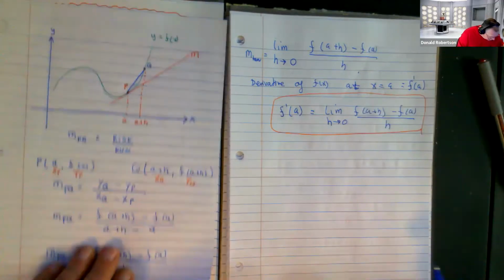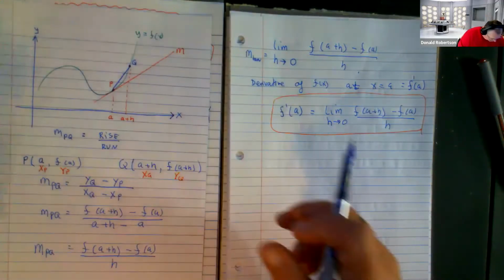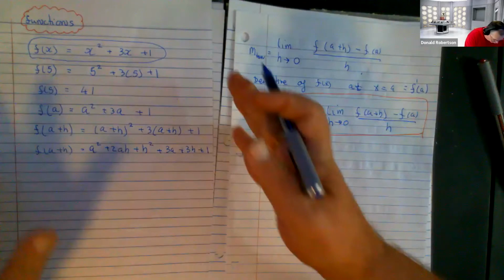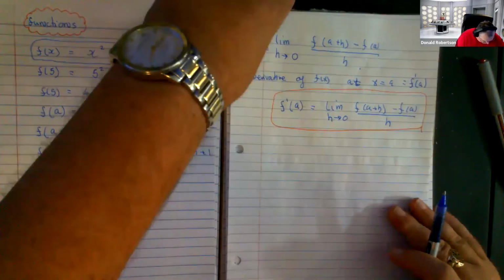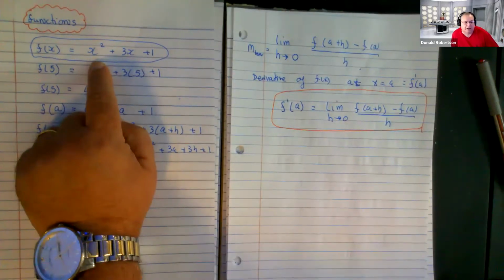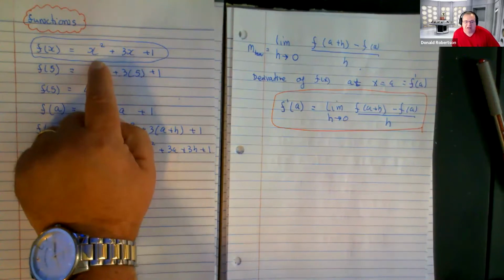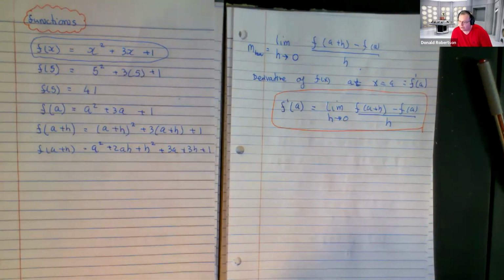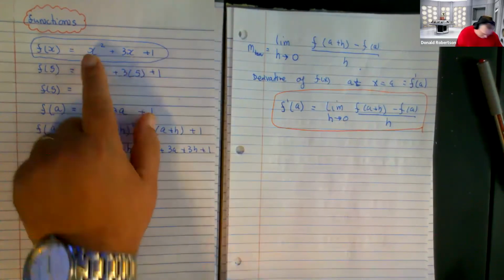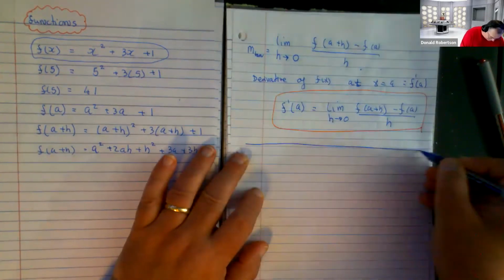I would like to know the exact value of the slope of the tangent line of this quadratic at x equals 2, right? So that's my question. Let's find that.